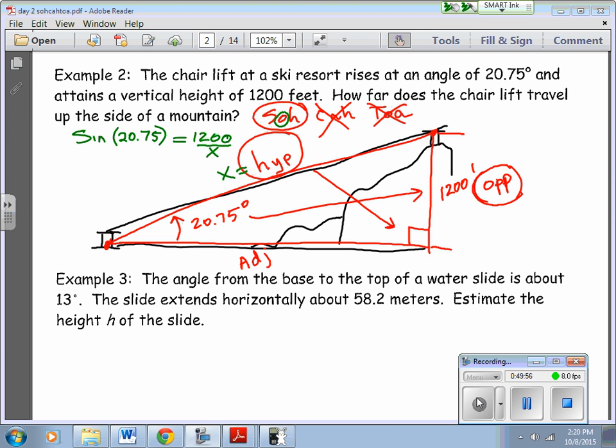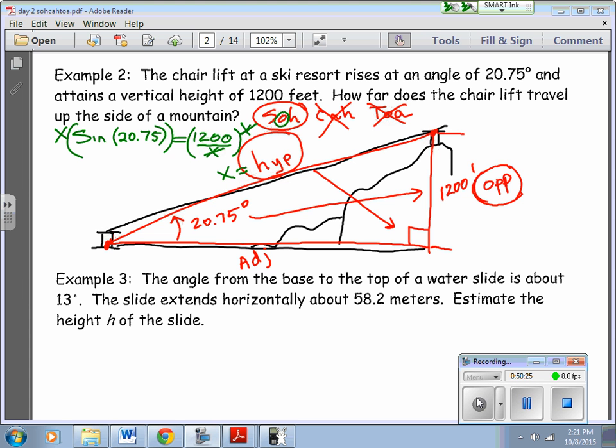What can I do to move the letter x? What can I do to get the letter x alone? Times it. Multiply both sides by x.